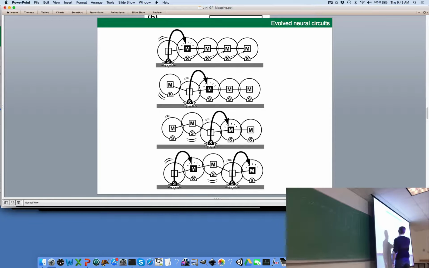So we didn't draw on all the edges in this cartoon, but there's one, 2, 3, 4 synapses here, 5 sensors, and 5 motors. This robot exists in a physically realistic environment. So when it grows, most of the spheres are off the ground. And because it's a physical simulation, these spheres have weight. So they start to fall down to the ground.